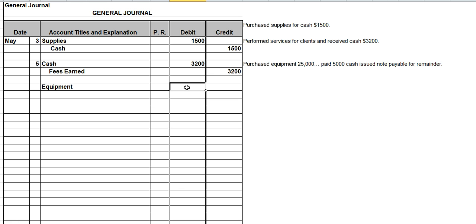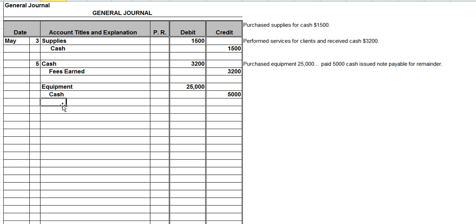Cost is $25,000. Not the cash I paid, not the amount I'm going to issue the note for, but the total cost of the equipment is $25,000. We paid $5,000 cash. That means our cash is going down by $5,000. How do we decrease cash? Credit. Very good. So I'm going to credit cash $5,000.